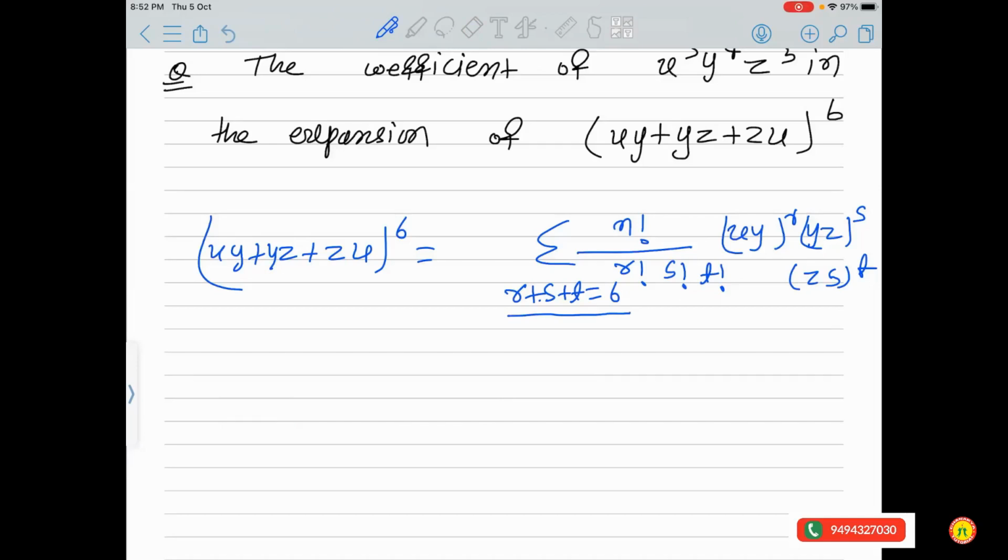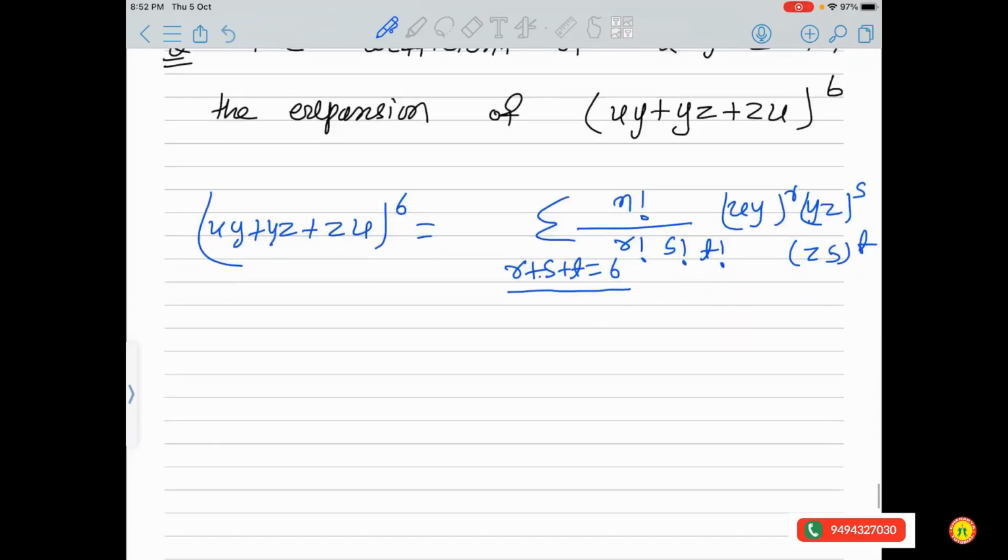So now if you expand this, x power r plus t into y power r plus s and z power s plus t, right?